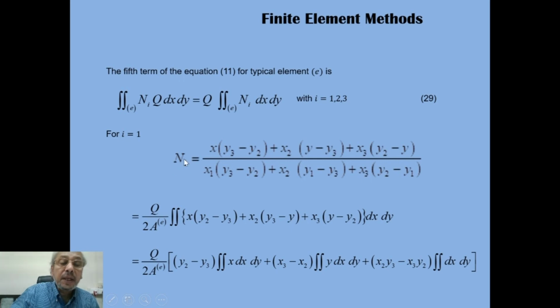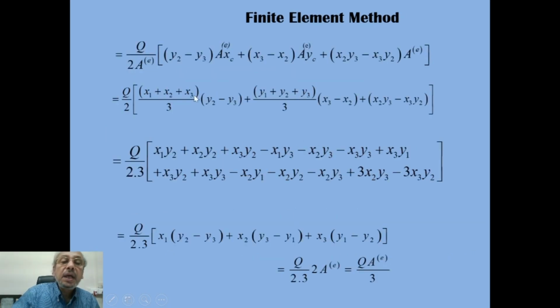So now N1 is this, and when we are integrating, this is basically twice the elemental area going out of the integration, and we can rearrange the integration this way, and then perform the integration and we get a value Q.